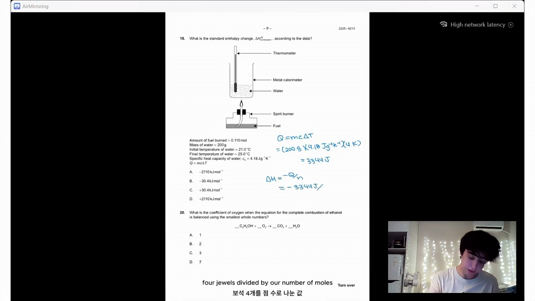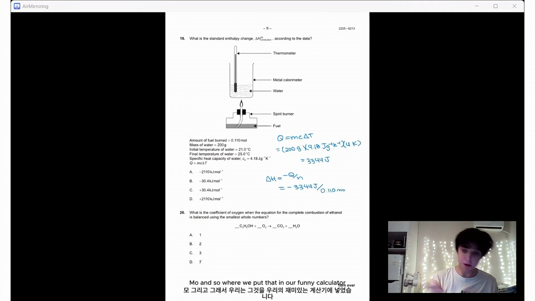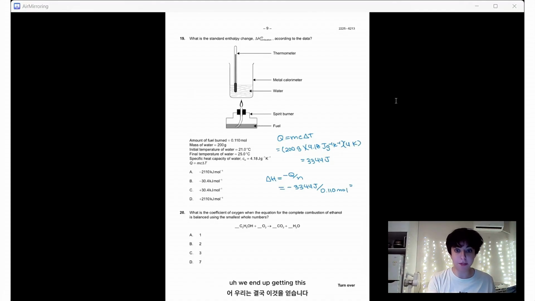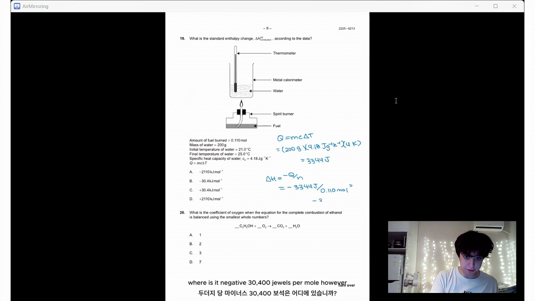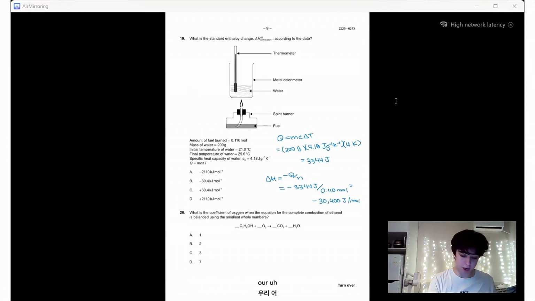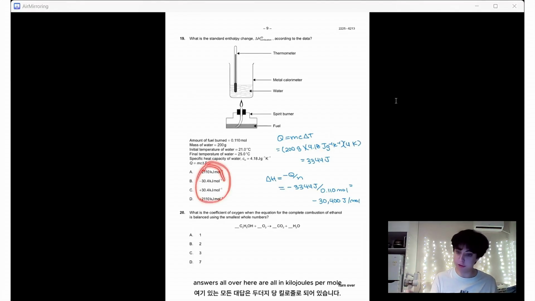Cool. And so then if you go over to your ΔH, you'll put that at negative 3,344 joules divided by our number of moles, which it says up here is 0.110 mole. And so whenever we put that in our calculator, we end up getting negative 30,400 joules per mole. However, our answers over here are all in kilojoules per mole.